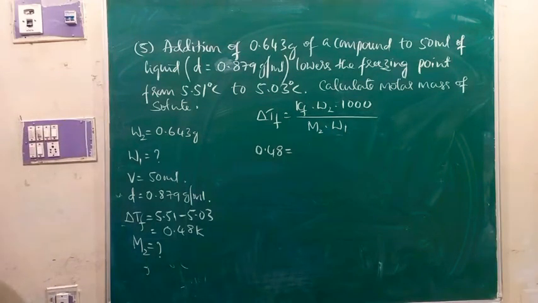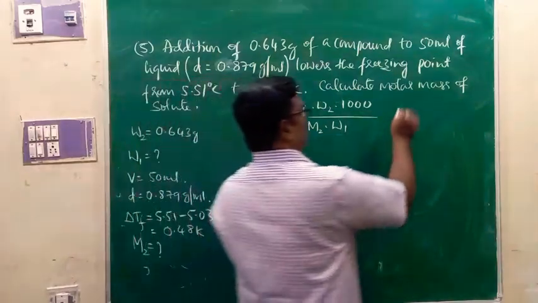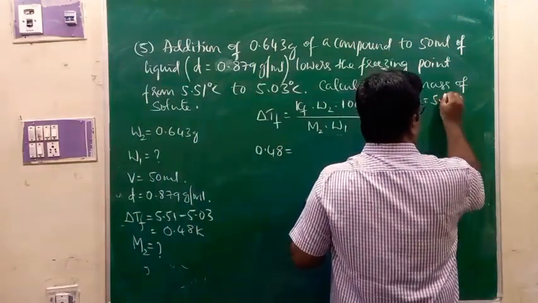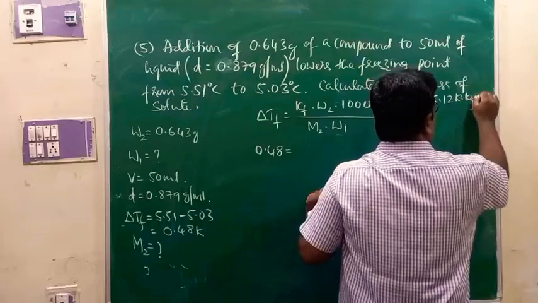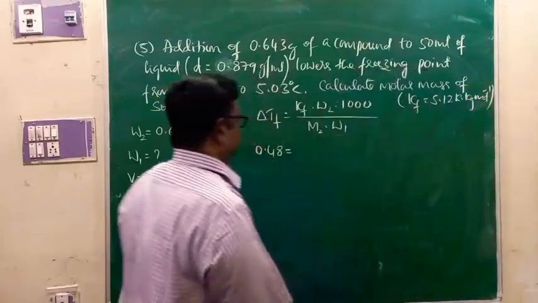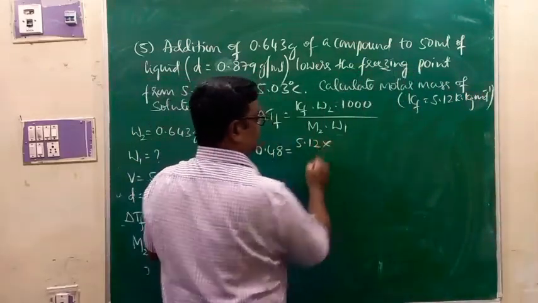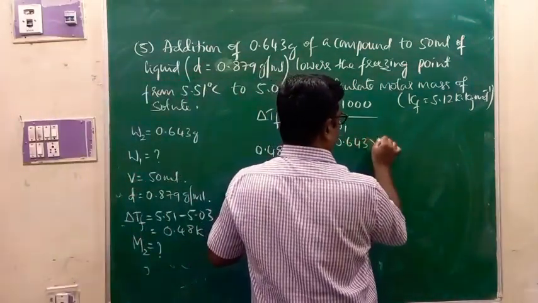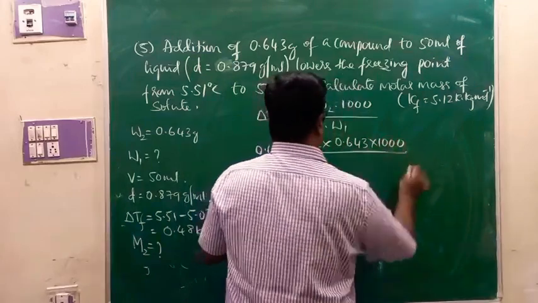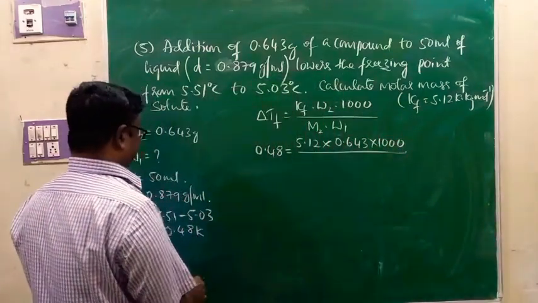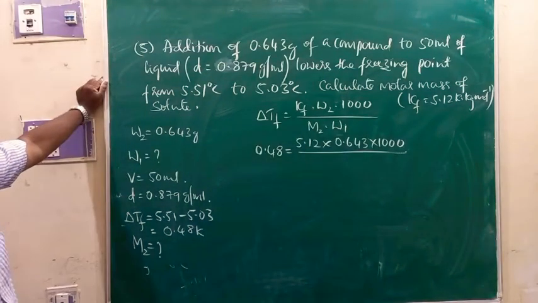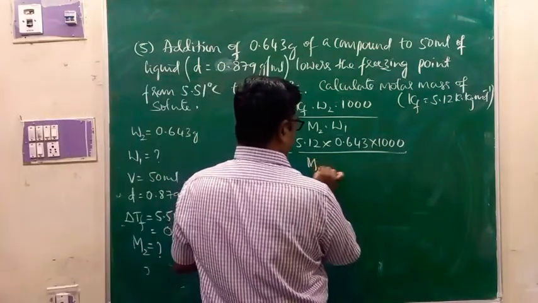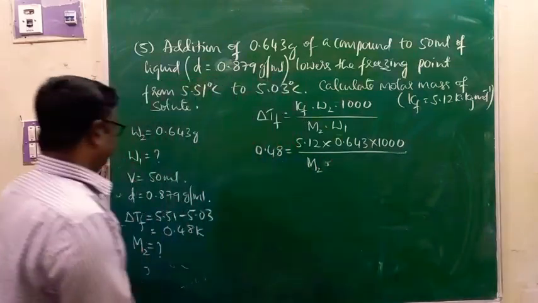The Kf value in the problem will be, yes, Kf equals 5.12 Kelvin kg per mole. This is Kf. Yes, Kf is 5.12. Yes, W2 is 0.643 into 1000. Yes, whole divided by, and molar mass of solute. Yes, you are supposed to calculate it. Mass of solvent has to be calculated.